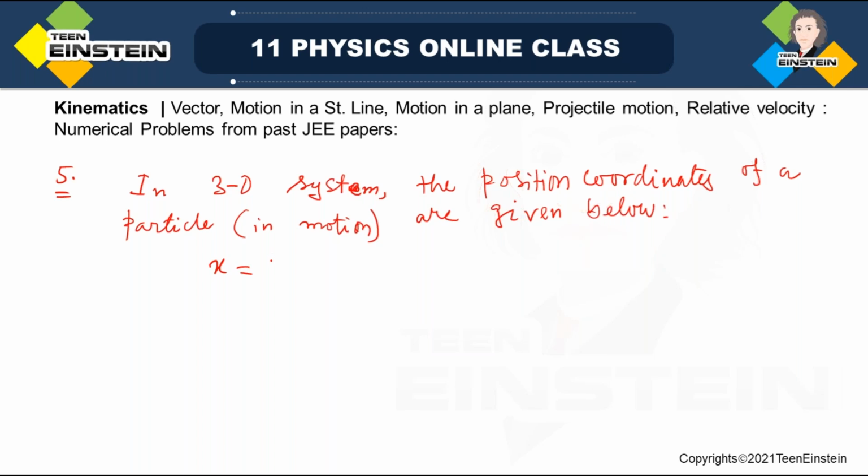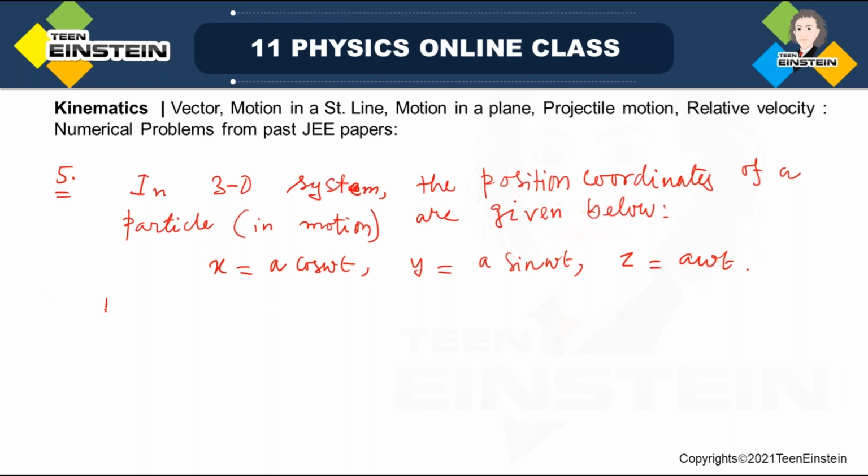Suppose x is equal to a cos omega t, then y is equal to a sin omega t, and z is equal to a omega t. Okay. So the velocity, you have to find out what would be the velocity.